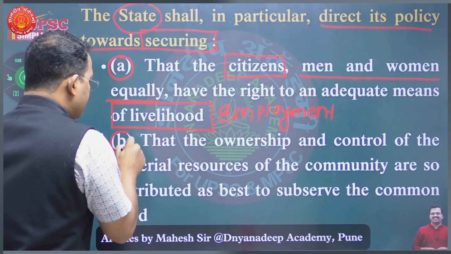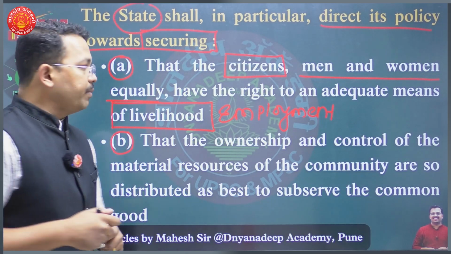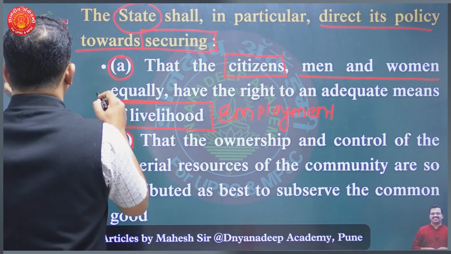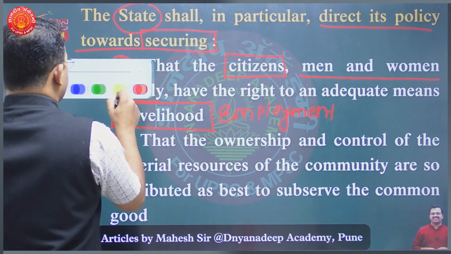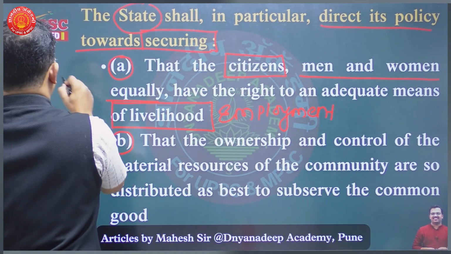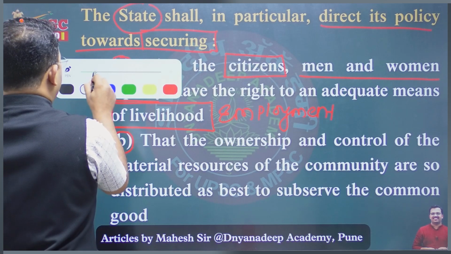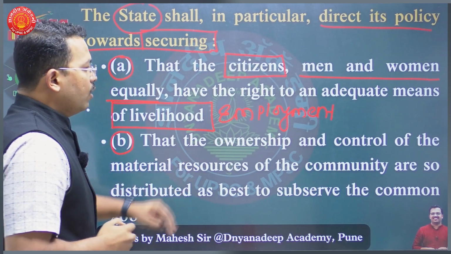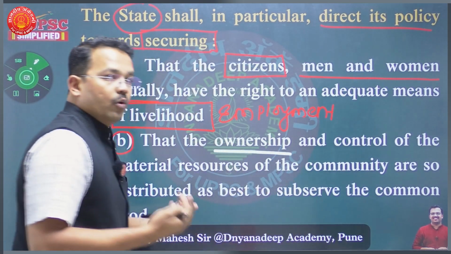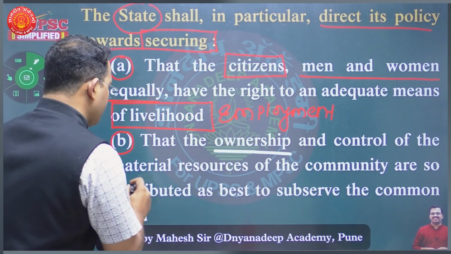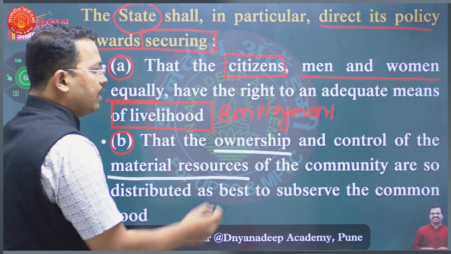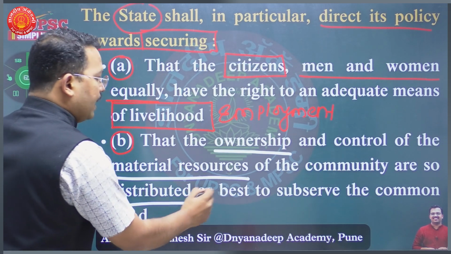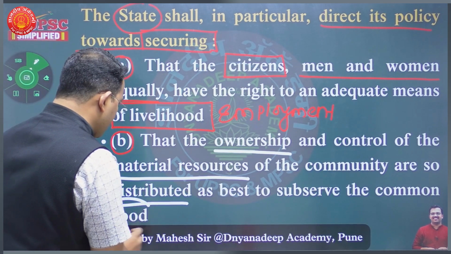The second clause talks about distributive justice. Now see what the second clause says. It says a very interesting thing, that the ownership and control of the material resources of the community are so distributed as best to subserve the common good.